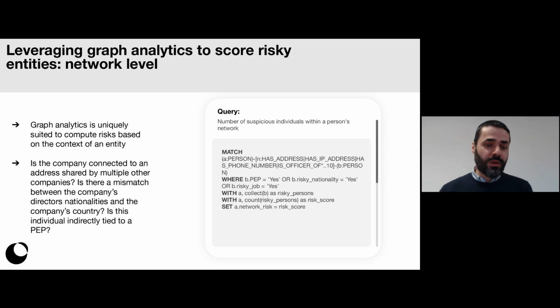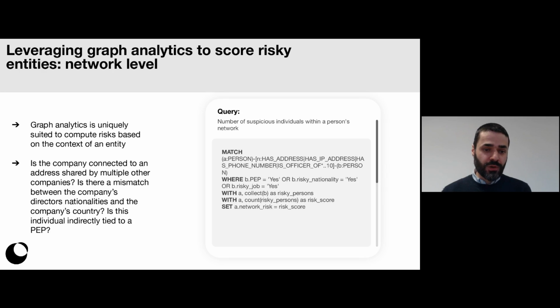Maybe you want to know whether a company is connected to an address shared by multiple other companies, because this company is potentially using a registration agent, and it can be indicative of a shell company. Or maybe you want to identify if there's a mismatch between the company's directors' nationalities and the company's country.